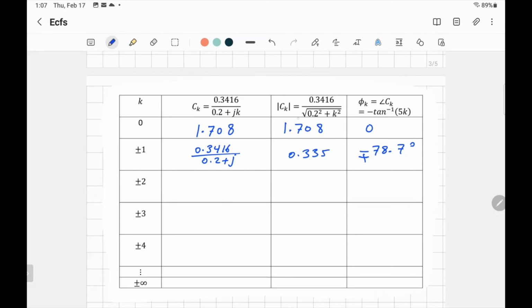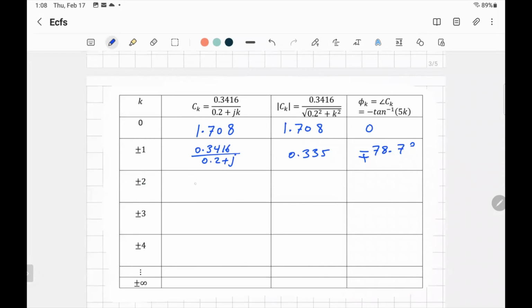Because sometimes you are going to use this expression, in some questions you'll find yourself using it. How do you find the magnitude? You substitute K equal to 1 here and you get the value. The angle would be minus tan inverse of 5K, and K is equal to 1 in this case, so negative tan inverse of 5. You do it in the calculator, and you get it. Okay.